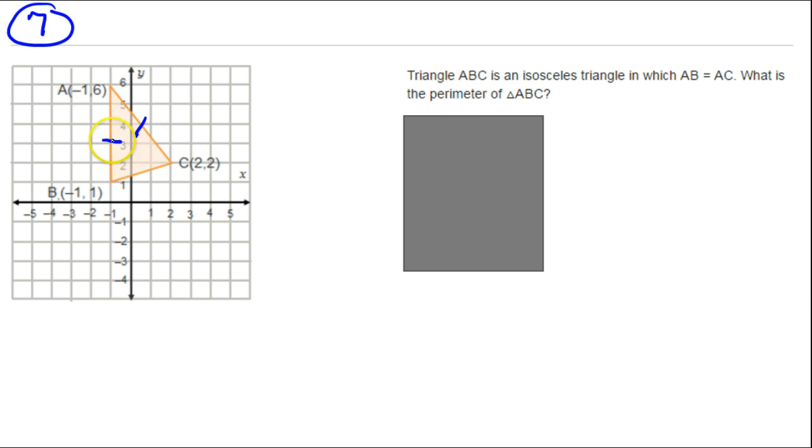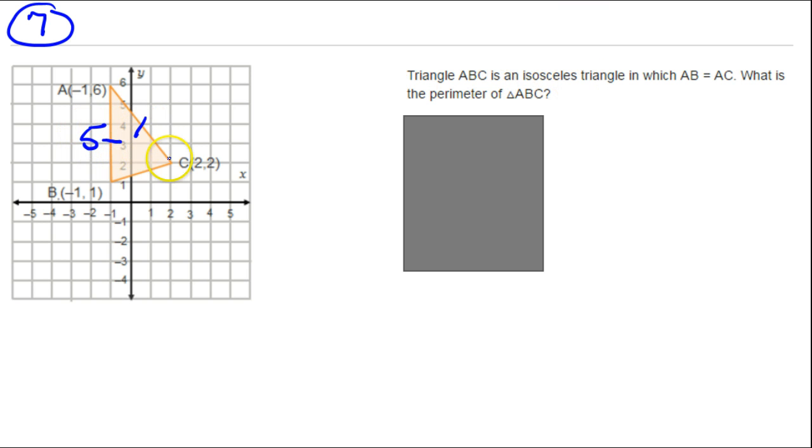So we know that the perimeter means we need to find the lengths of all the sides and add them up. Now, luckily, one of the sides here is vertical, so we can just count the length of this side. So this side is 1, 2, 3, 4, 5. Okay, so that side is length 5.